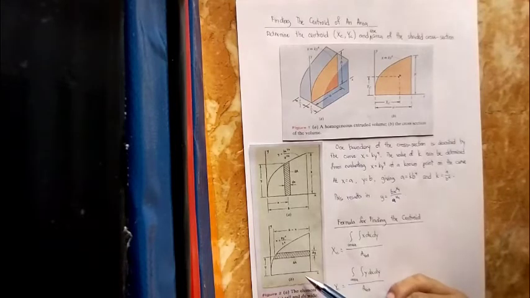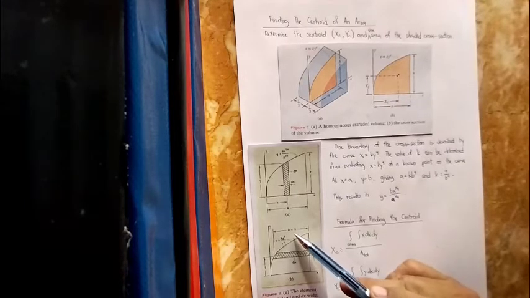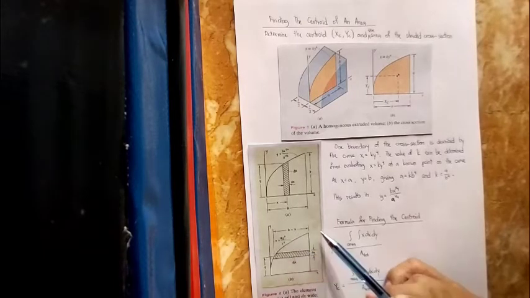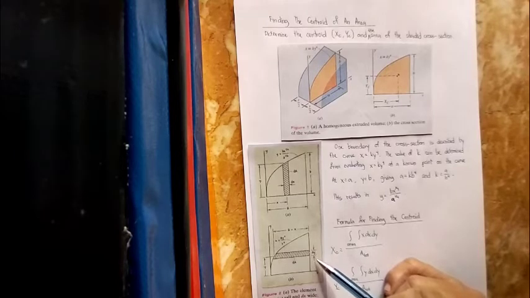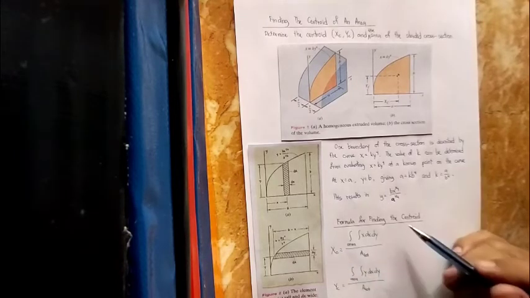Dito naman sa figure 2, letter B, ang element dA is A minus x long. Ang dy natin ngayon is yung tall or height niya.